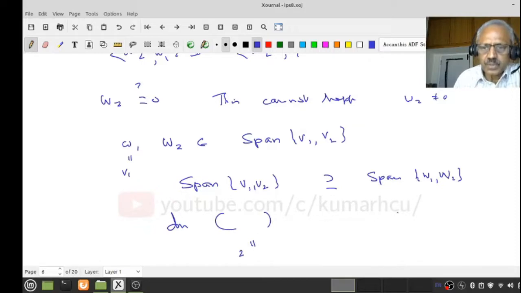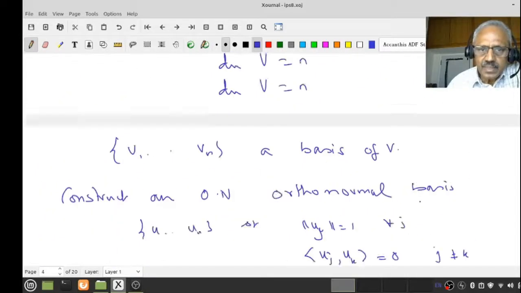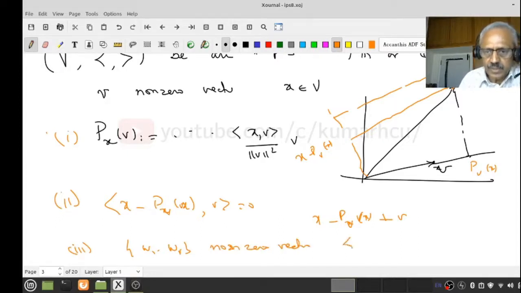Now what is the dimension here? The dimension is 2. And remember the third fact I needed, I should have said that, I forgot. The third fact is: if w1 to wn are non-zero vectors so that the inner product of wi and wj is delta ij, then this is linearly independent.